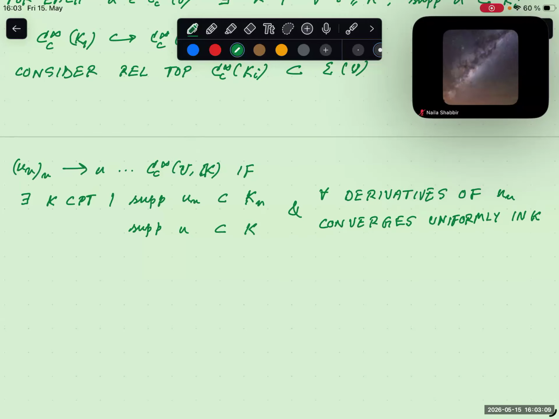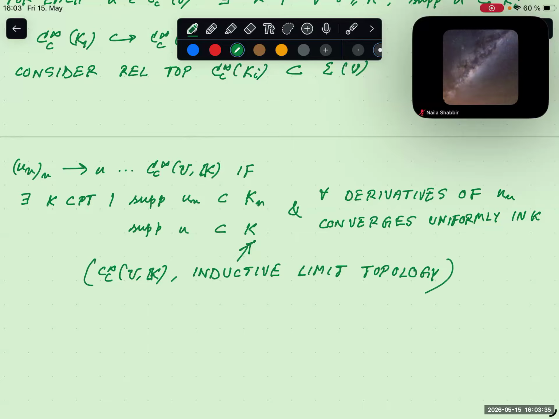And as before, we now endow this with the so-called inductive limit topology, which means nothing but this.